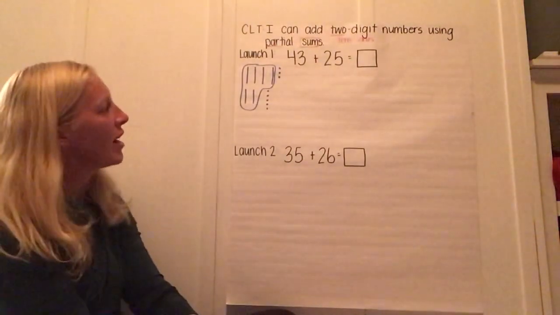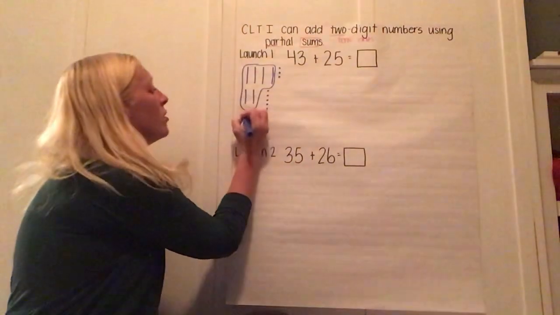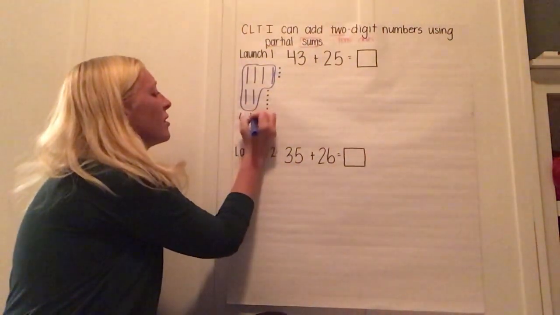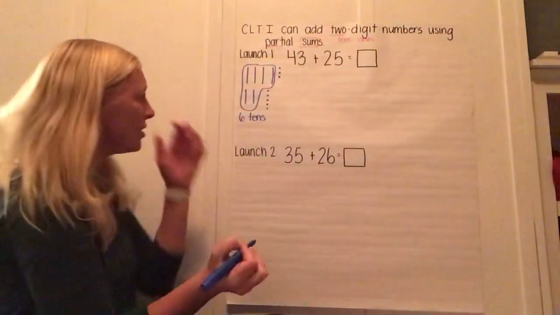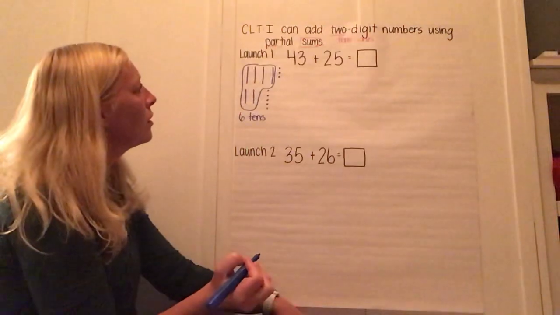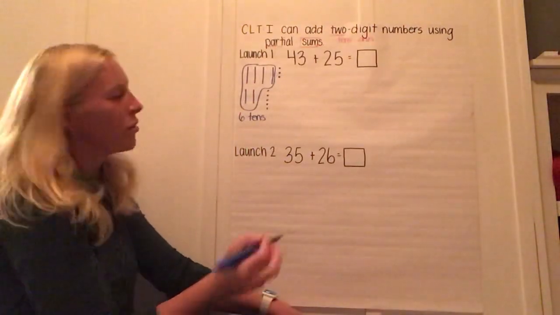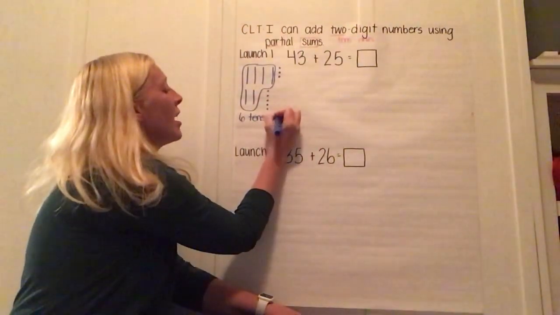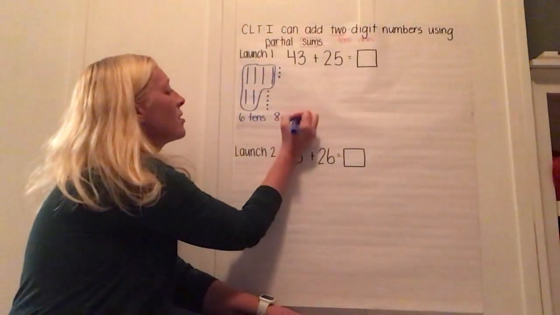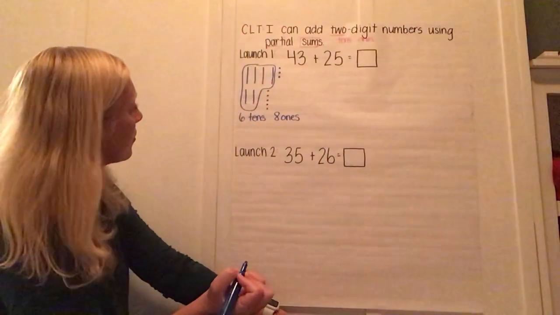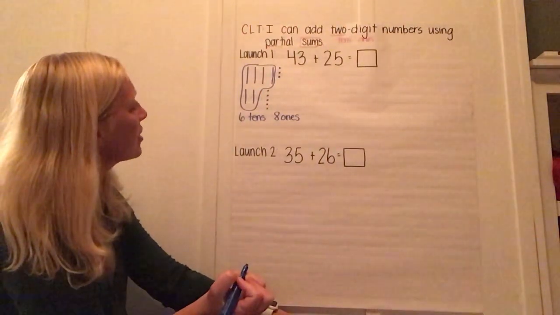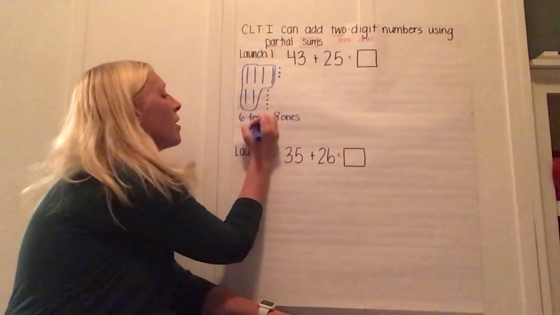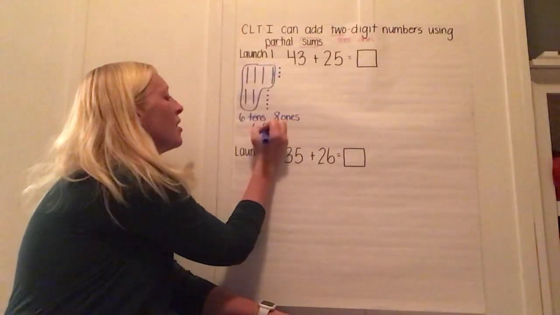And what did you find? You had 6 tens. Okay, then what did you do? Oh, you knew that 5 and 3 makes 8. So you had 8 ones left. And so what did you say was the sum? 68.